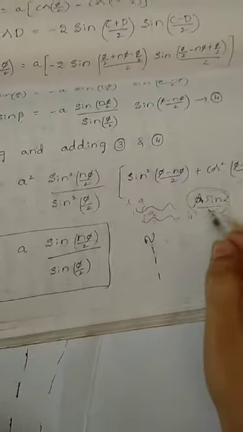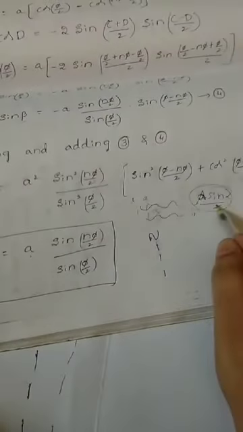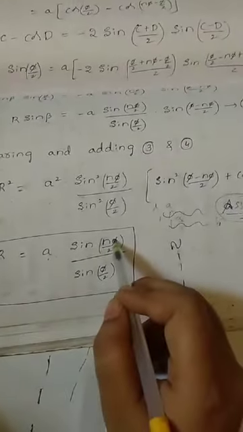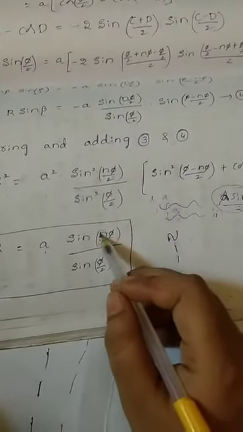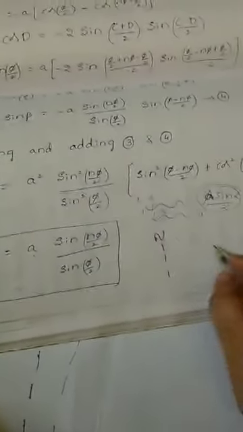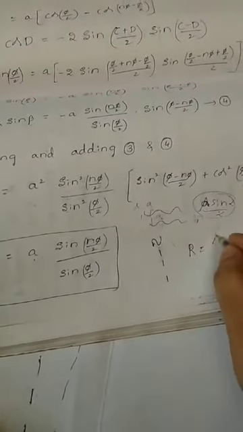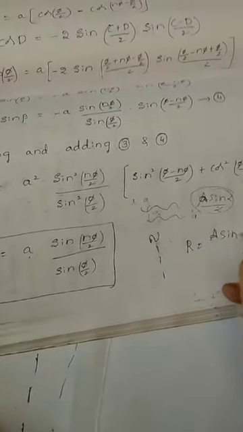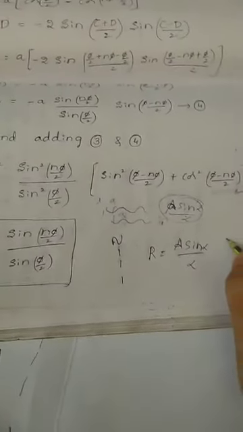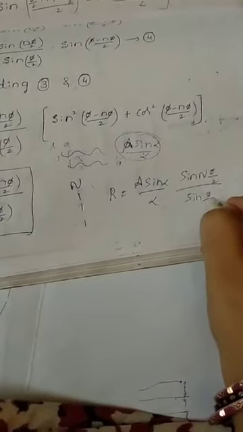This is the amplitude. So replace your small a with this, and phi is the same, but small n with capital N. Then what will be your net amplitude for the grating? R is equal to A sin alpha by alpha into sin capital N phi by 2 whole divided by sin phi by 2.